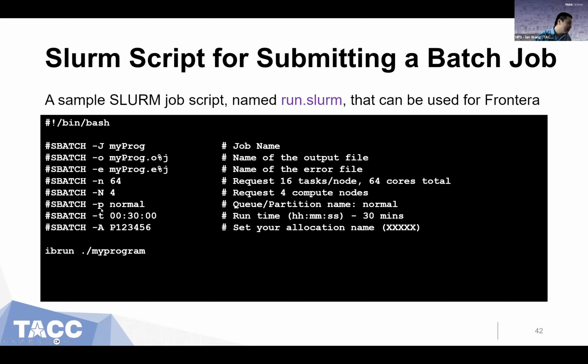The P is the partition, or queue, so we are submitting to the normal queue. T is time, a 30 minute job, and A is the allocation name. Then you can just treat it as a simple bash script. Here we are just doing an ibrun of my program. You might wonder what ibrun is; I'm going to show you later. ibrun is the TACC-specific MPI launcher, so it's basically equivalent to mpirun.